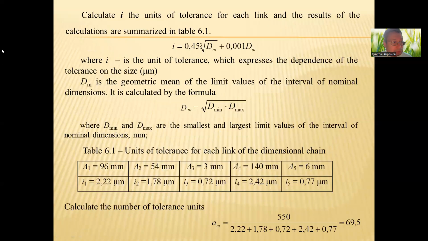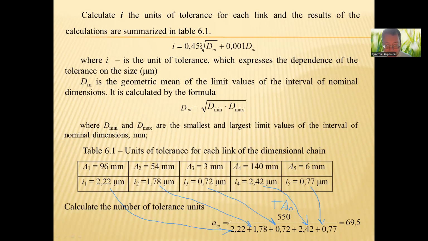And what do we have? I suffix 1, 2.22, I suffix 2, 1.78 micrometers, I suffix 3, 0.72, 2.42, and 0.77. And we know that the tolerance field of A0 is equal to 550 micrometers.